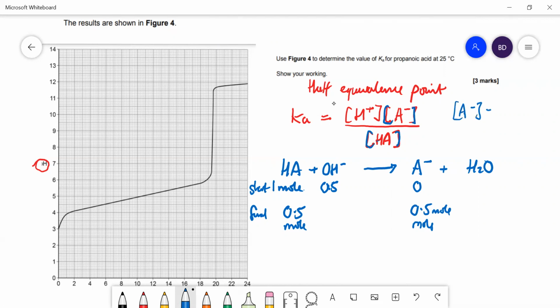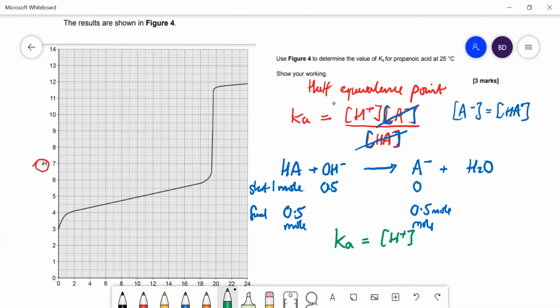A minus is equal to HA. So they cancel out of the expression. So Ka at half equivalence point is equal to H plus.